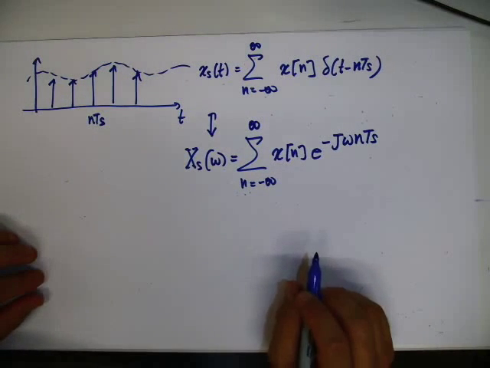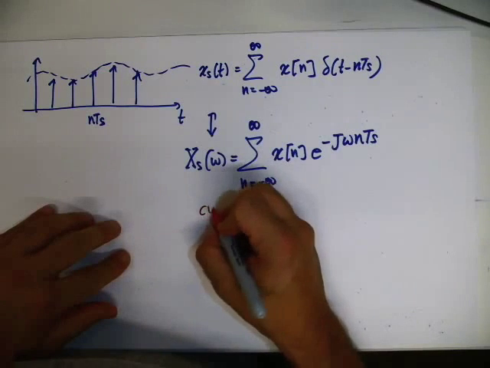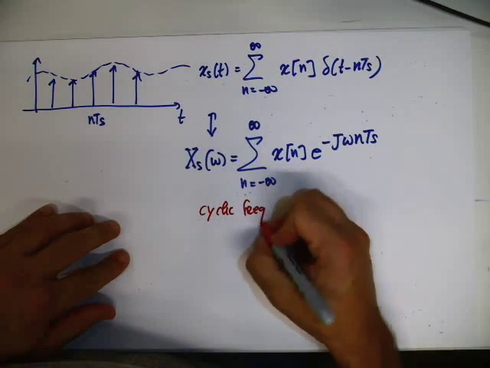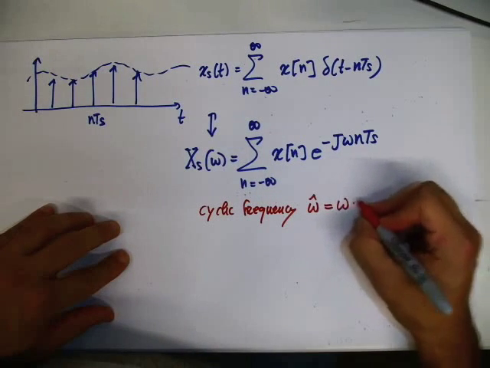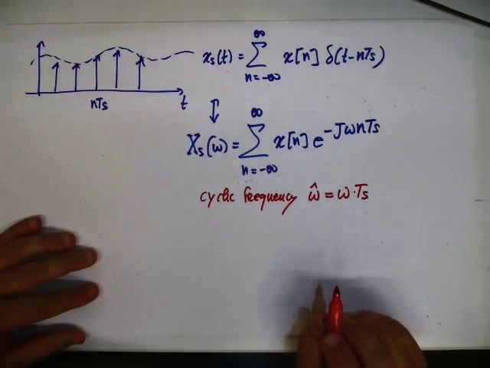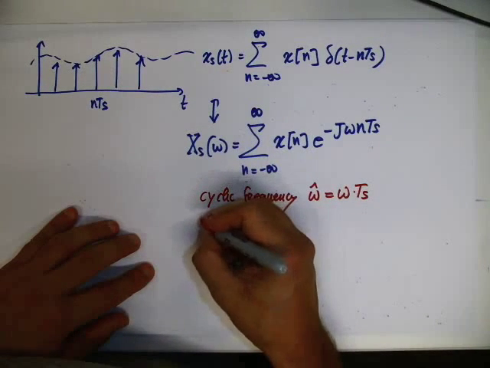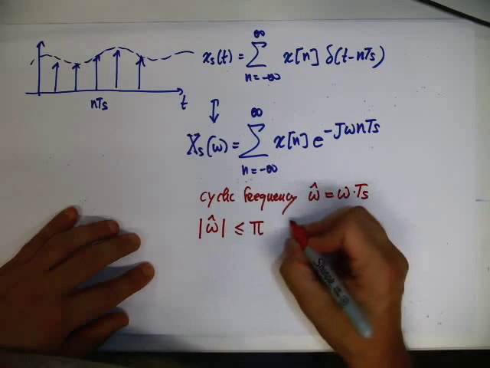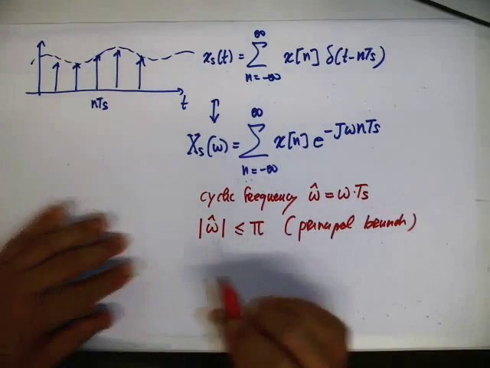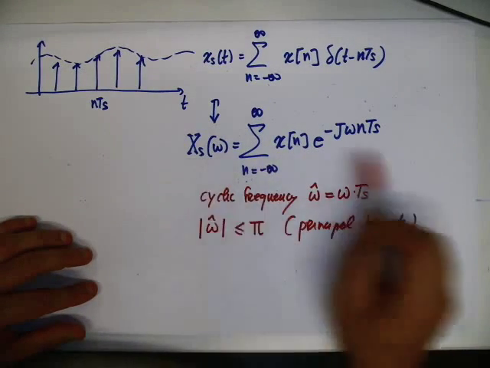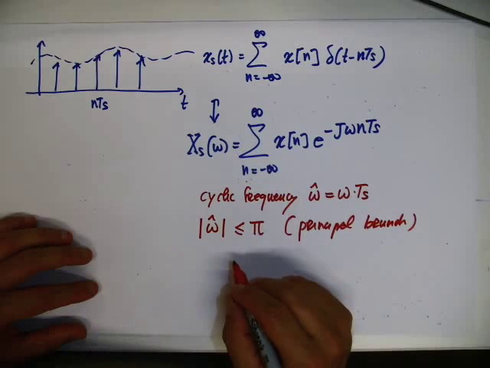Now if we define the cyclic frequency omega hat given by omega times ts, we see that the absolute value of omega hat will be less than or equal to pi, and this is going to be the principal branch. But we know that this function is going to be periodic with period omega sub s, right?